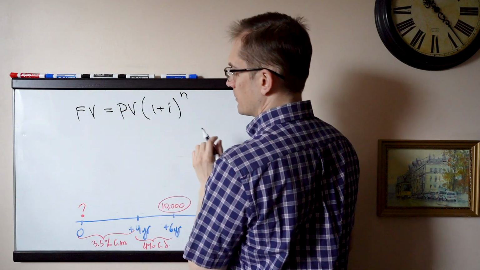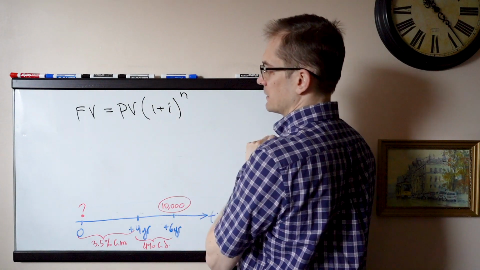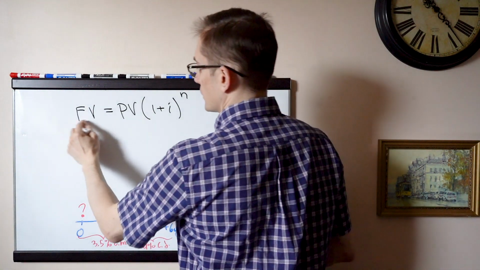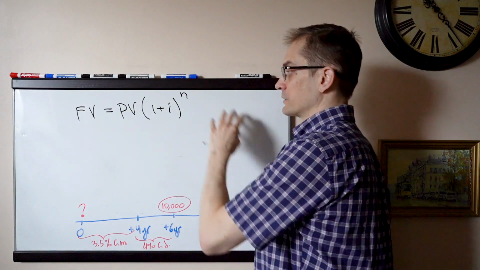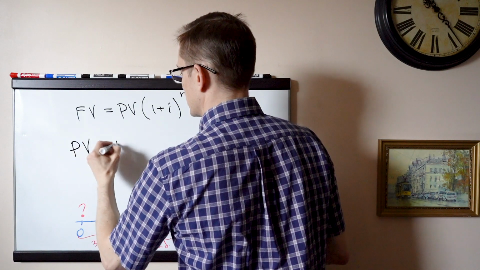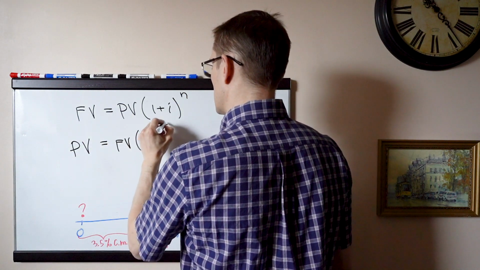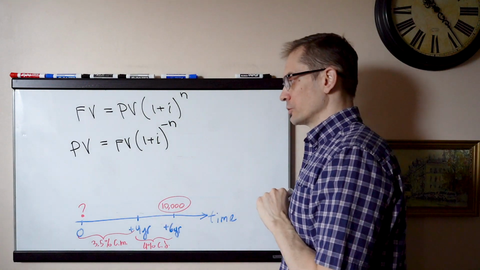Here, present value is the amount invested, i is the rate per period, and n is the total number of periods. Future value, of course, is the future value of your investment after those n periods. Now, present value is future value times (1 plus i) to the exponent minus n. So these are the two major formulas that we should operate with.